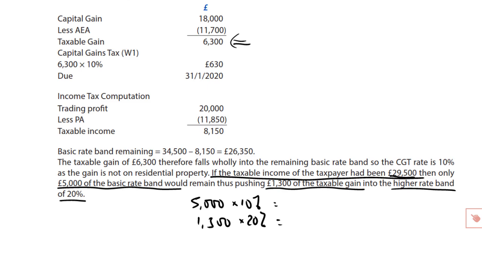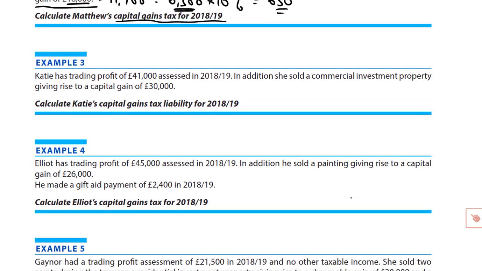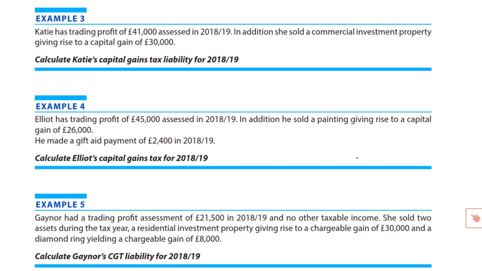Okay, with that in mind, therefore, now, and hopefully understood, let's go back and have a little look at example 3. Again, as we said with all of these, it's about computing the CGT liability, again for our own tax year 18-19. So what have we got? Katie this time, trading profit of 41,000. So again, giving us a figure of income rather than a figure of taxable income.